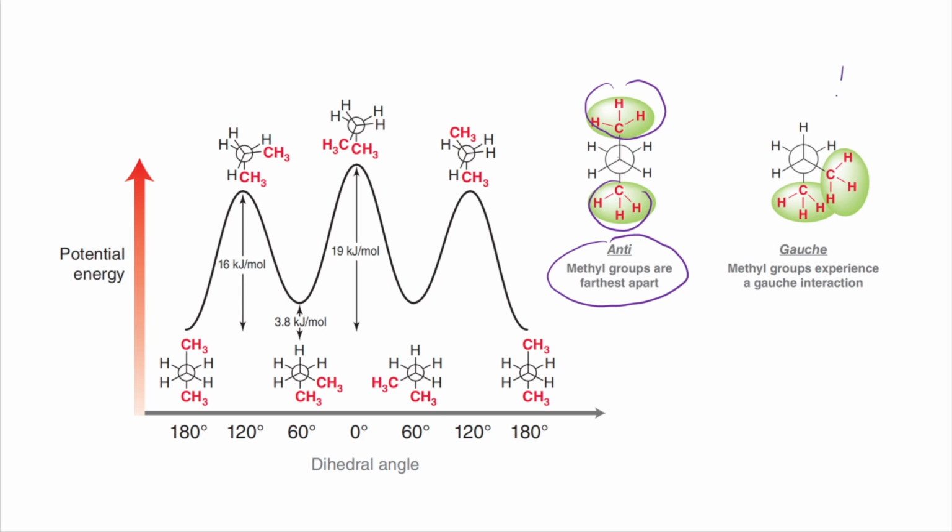But for this one, it is a staggered conformation, but there are two huge groups bumping into each other. So we can find it here. It has a low energy, but not the lowest one. So this one will be the lowest one. And if two huge groups eclipse together, it will be the highest energy and the most unstable one.